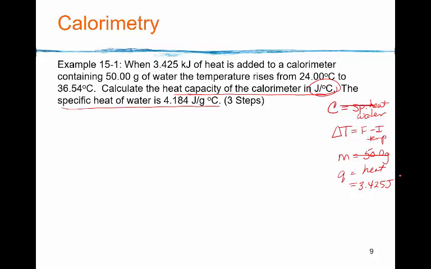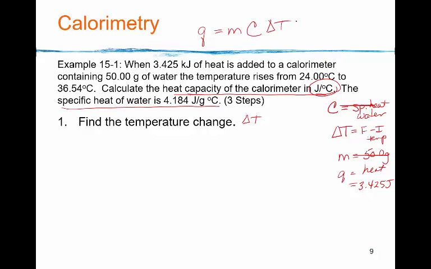The first step in working this problem is to find the temperature change, the delta T, because in order to find the heat absorbed by the water, remember heat is Q. The Q of the heat absorbed by water is how much water you have times the specific heat of the water times the change in temperature.